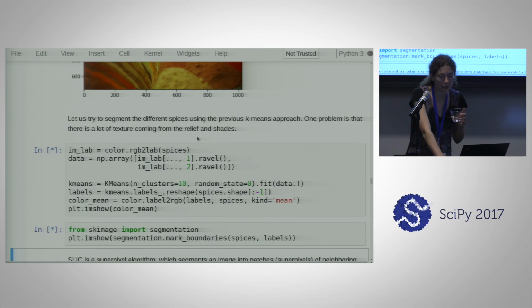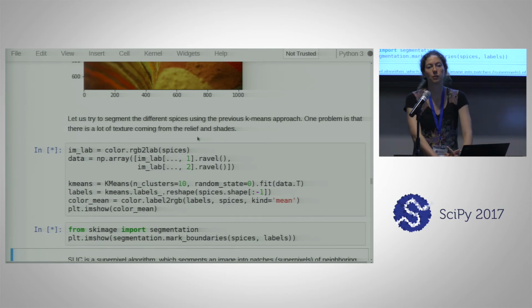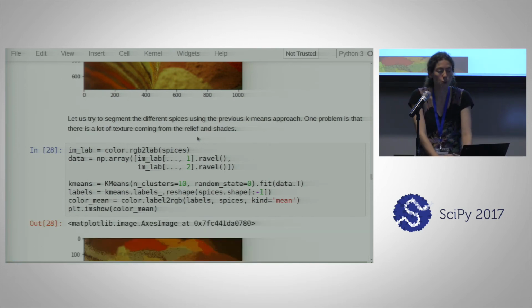So during the time it takes to execute the cell, I have a question for you, which is, if I wanted to enrich my selection of features for each pixel, which other kind of information could I use? Any idea? So we already have the RGB or LAB numbers, but what kind of other numbers can I get for one pixel?